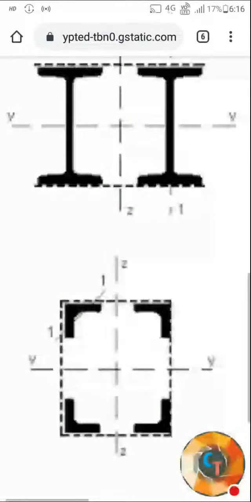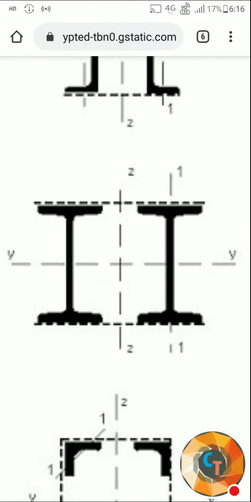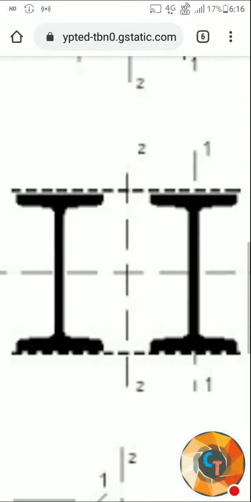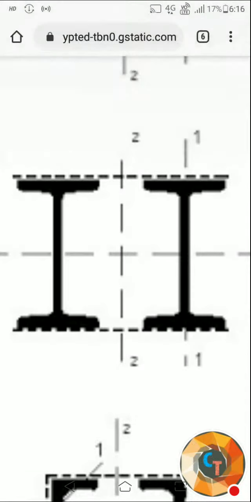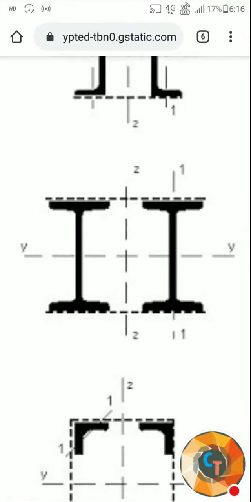Here you can see only four angles have been used. Four angles are used at every corner, and we have four lacing systems: two in ZZ direction and two in YY direction. Whereas here two I sections have been used, and we have two lacing systems, which are parallel to the y axis.